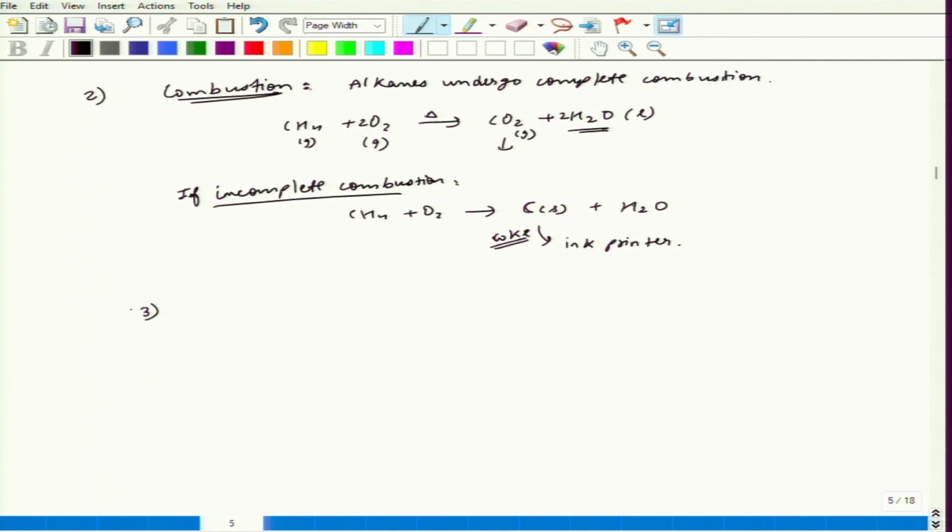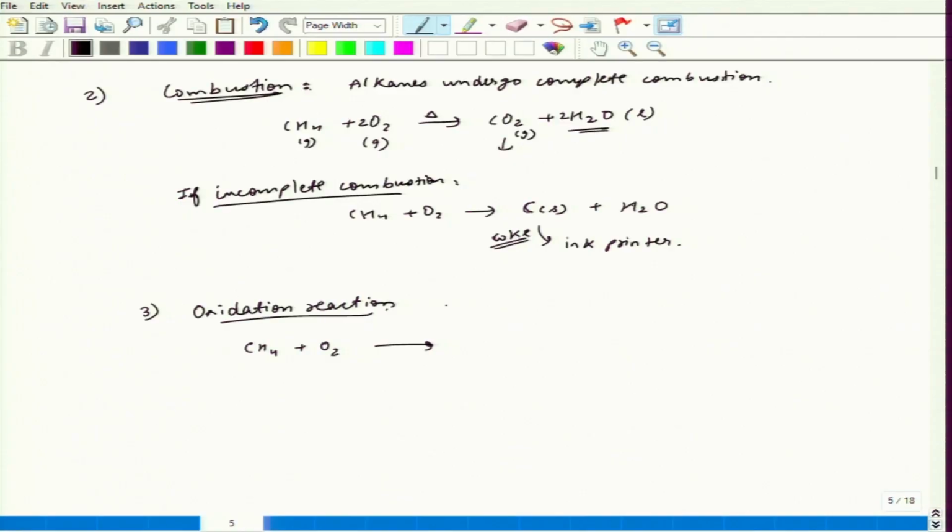So, the next chemical property is the oxidation reaction. Okay. Now, what does the oxidation reaction mean? For example, if I am adding oxygen, you must be wondering that we have added oxygen already in the combustion process.